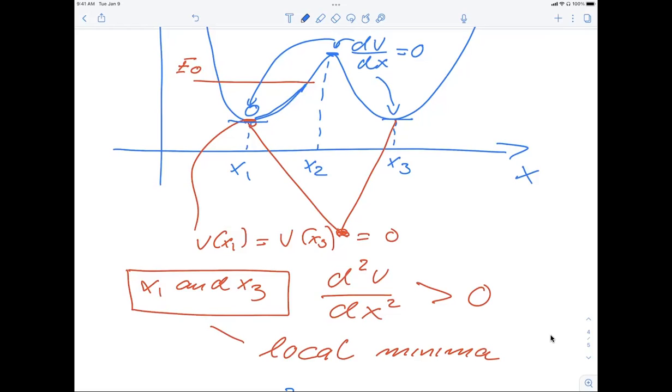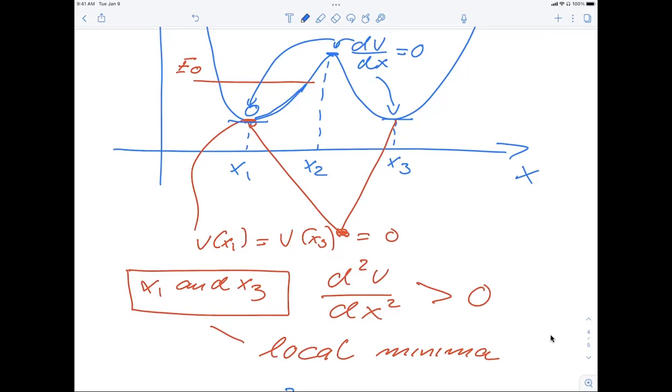Yeah, less than 0. So this is concave, and you see that here you have a maximum. The derivative is 0, so it can be a maximum or a minimum, but the second derivative being less than 0 means that this is a concave function.